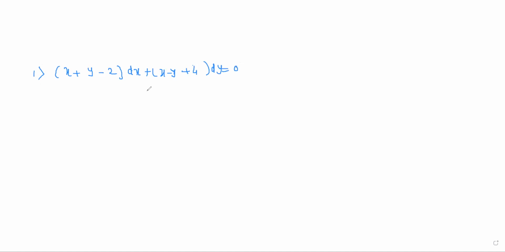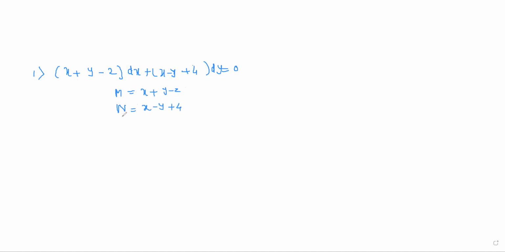So obviously you can identify that this is a differential equation as it is having dependent and independent variables and some differential coefficient as well. But we don't know whether it is exact or not. So let's find out. So what will be M here? M is nothing but the coefficient of this dx, that is x plus y minus 2. N is nothing but x minus y plus 4.